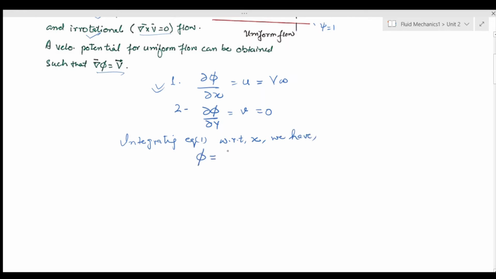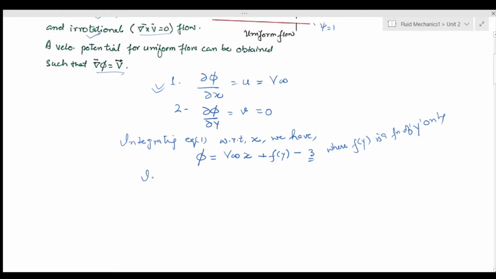It's a partial differential equation, so it would be v infinity times x plus f of y, where f of y is a function of y only.